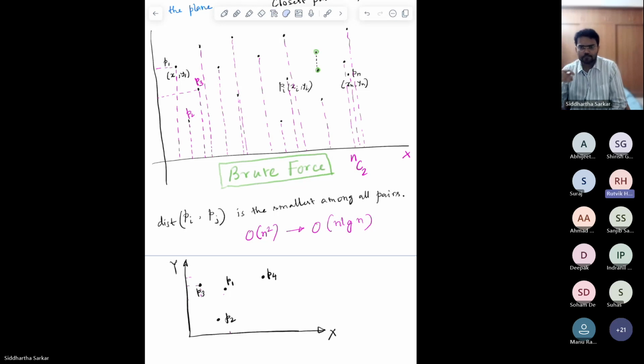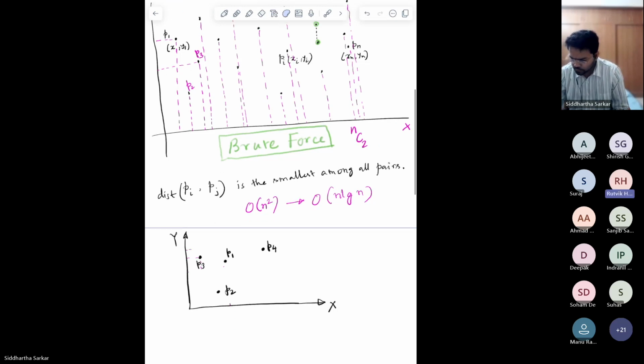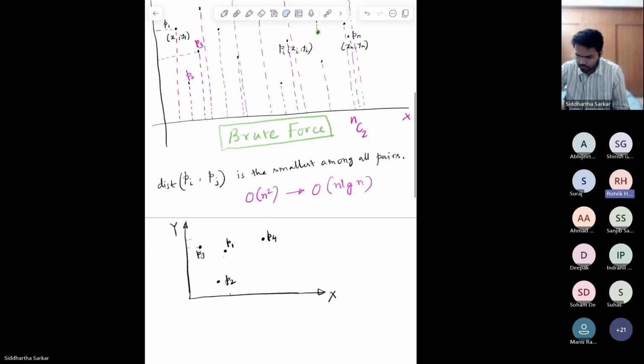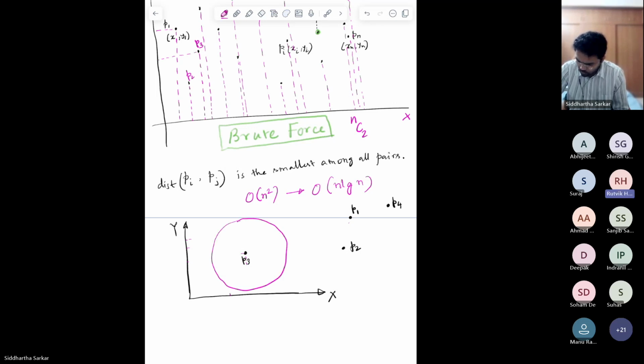What if you start by taking one point and drawing a circle around it, and see how many points lie within it?